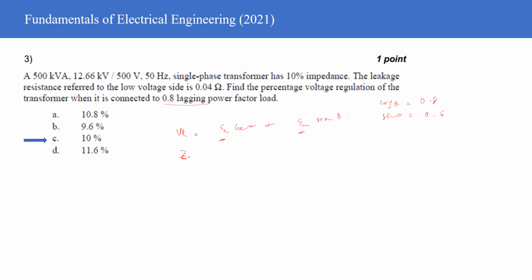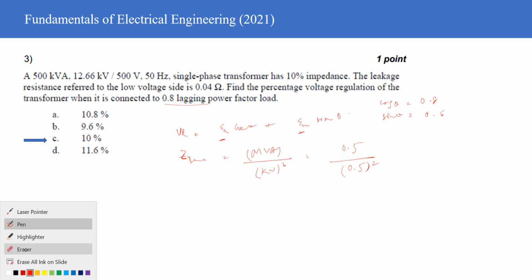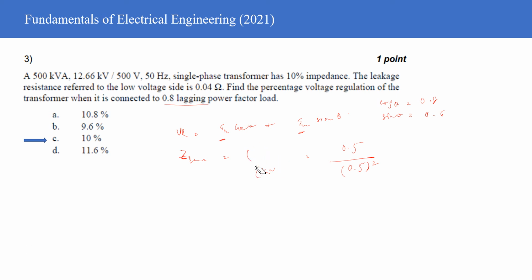So what is Z base? Z base is equal to MVA divided by kV square, right? So what is MVA? MVA is equal to 0.5. What is the voltage in kilovolts? It is 0.5 whole square. Oh, okay, I wrote it wrongly, just let me erase it.